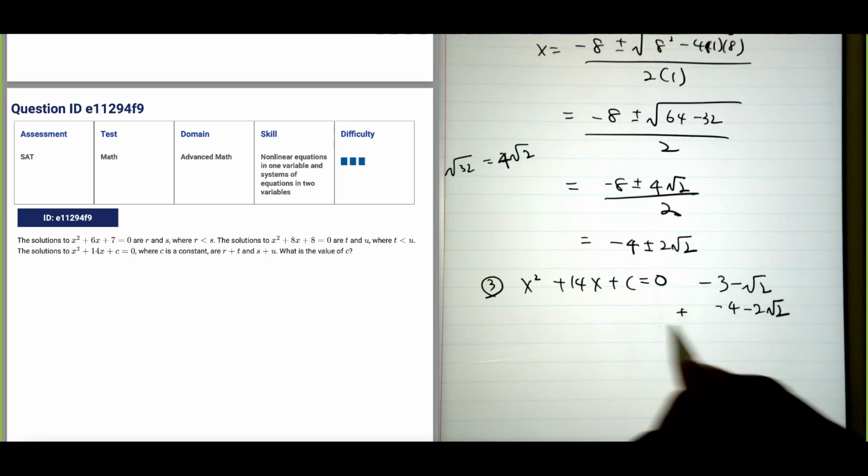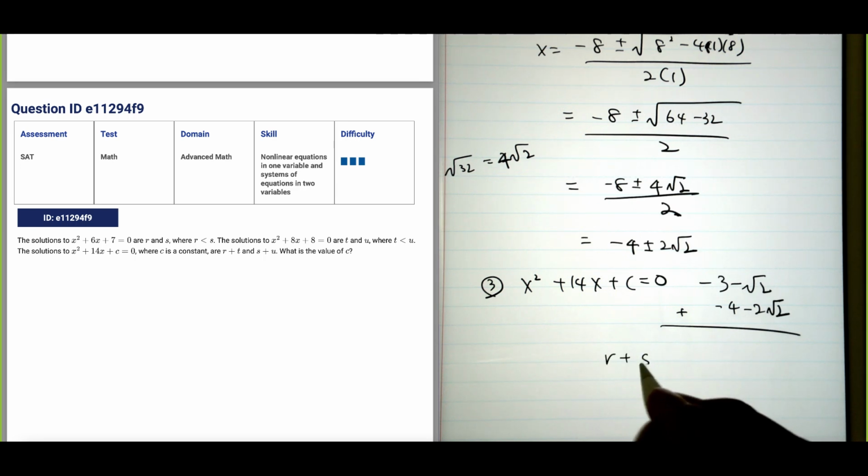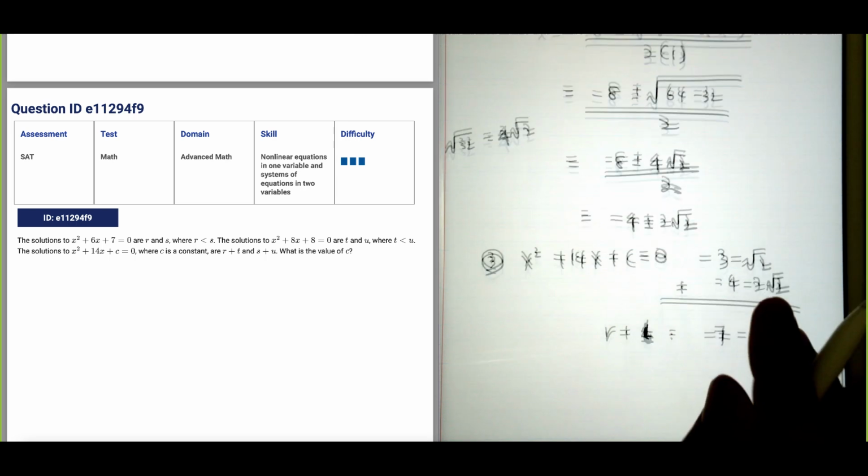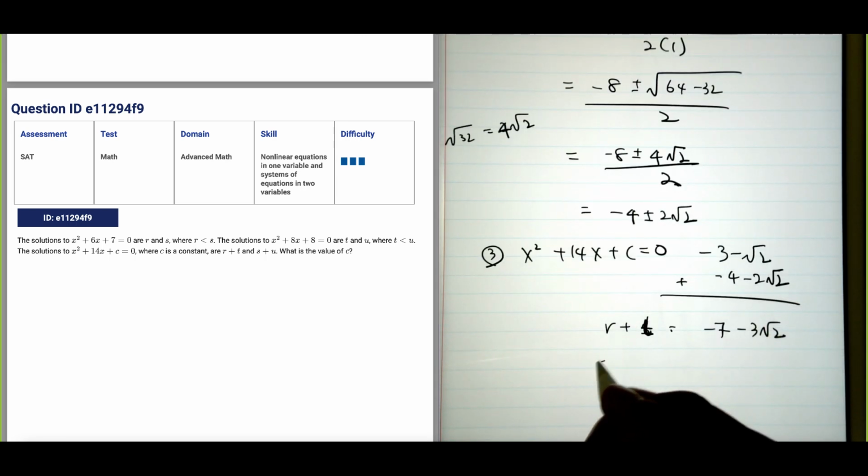So we're going to add these up because this is what the sum of the roots is about. R plus T, actually, is negative 7 minus 3 radical 2. What about S plus U?